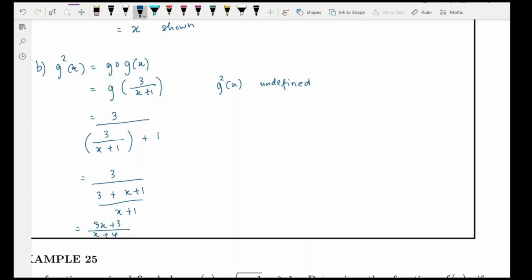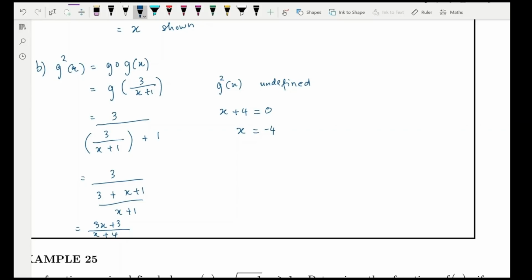So for a rational function, we know that the denominator must not equal to 0. For this question, we must find undefined, so we must set it equal to 0. So we can get x equal to -4.